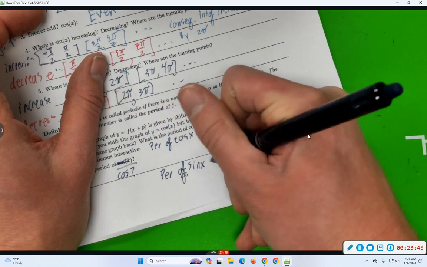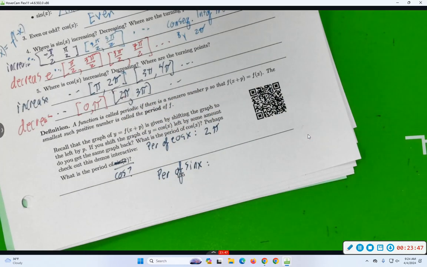And you know what, let's do sine of x too. What do you think the period of sine of x should be? I hear a motivation for 2 pi. Sine and cosine look really similar to each other, don't they? So let's see.